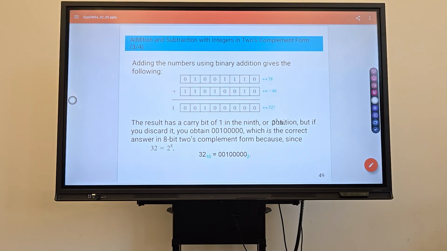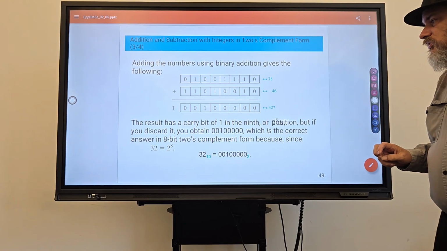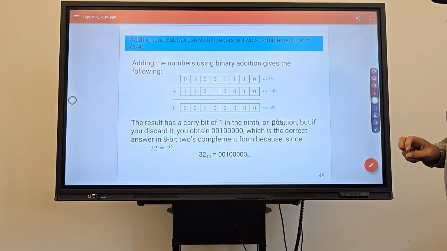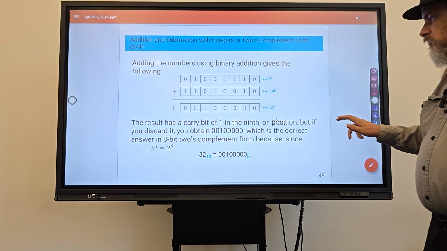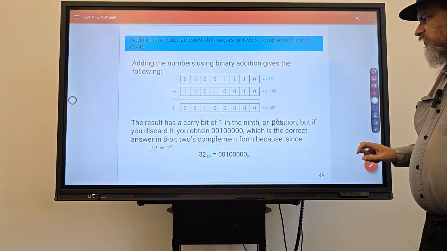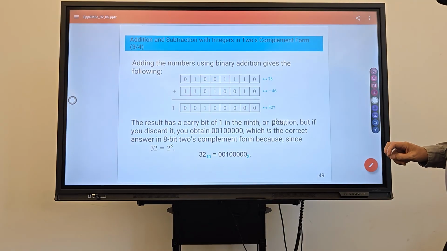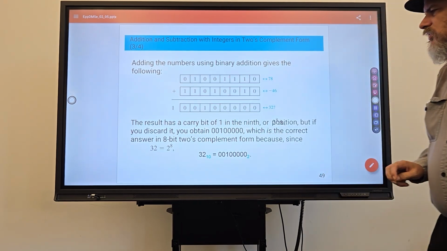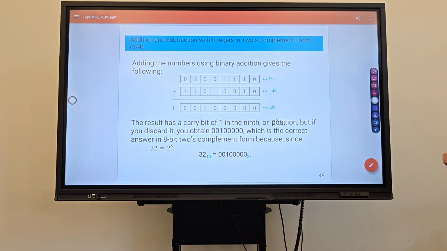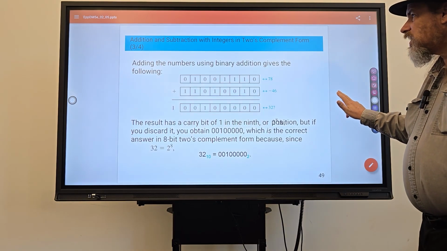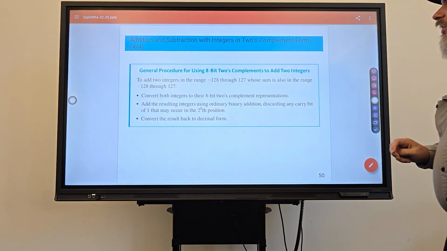The slide says 32 is 2 to the 8th, but no, 32 is 2 to the 1, 2, 3, 4, 5, 5th power. 2 to the 5th power, not 2 to the 8th power. That's a typo in the slides. I did not create these slides.